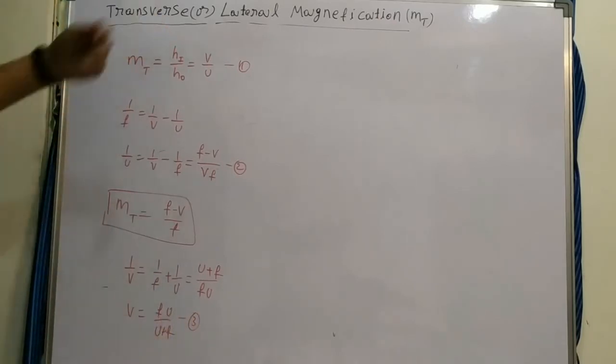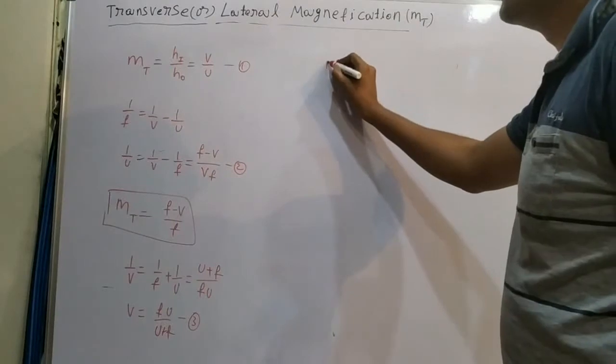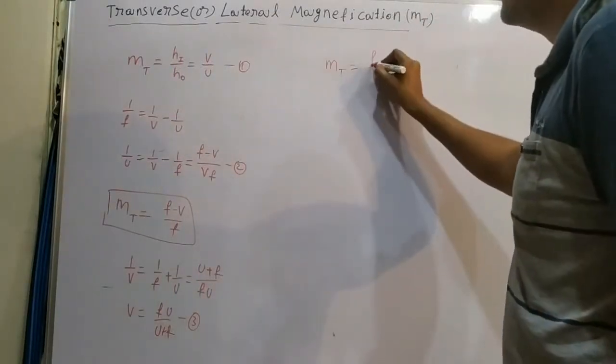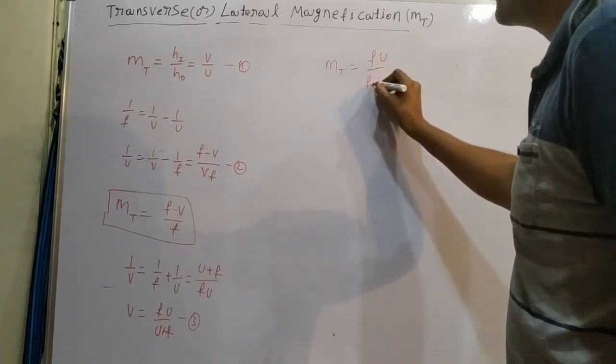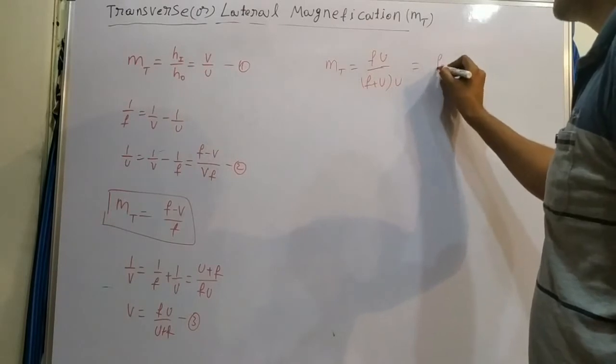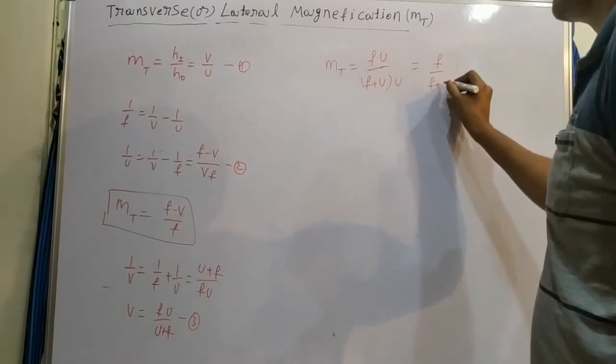Put this in equation 1. Then what do you get? M transverse is equal to, in place of v, write this, f u by f plus u, divided by u. So what do you get? f by f plus u.